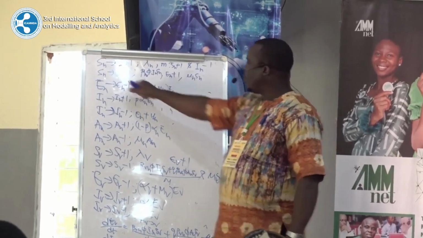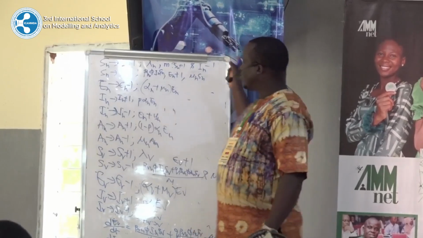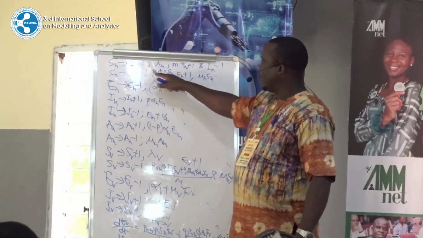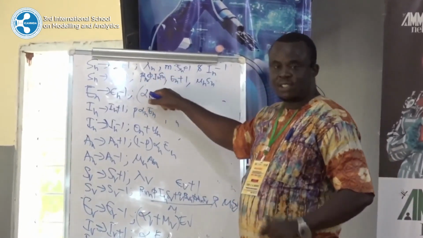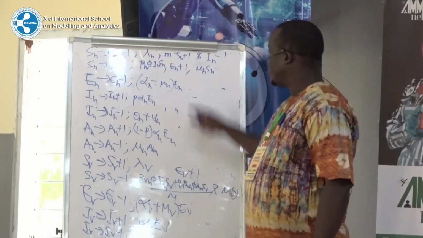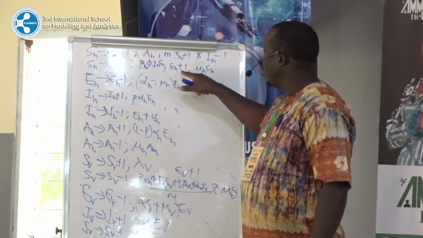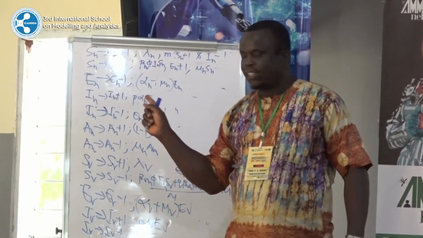Now the other one for S is that there is an outflow. People are going out from S due to transmission, right? And then people are coming into the pre-infectious class due to that transmission.